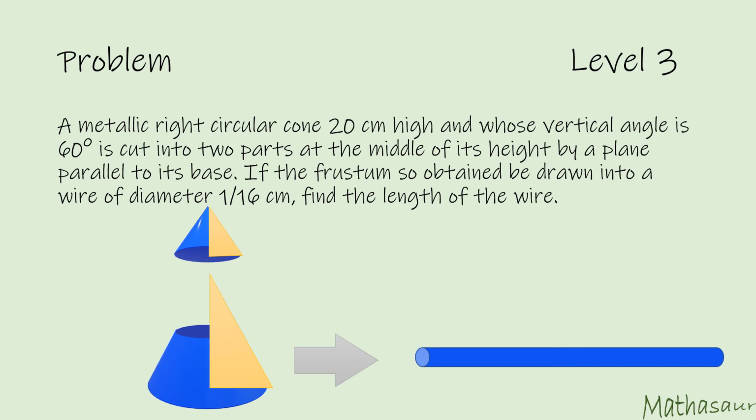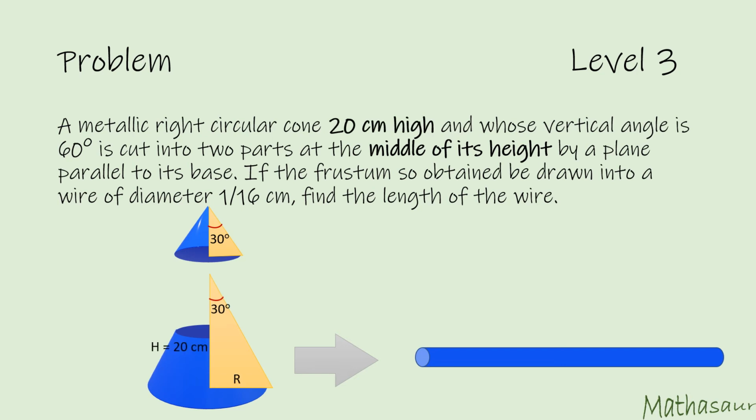Alright, now let us draw the right triangles representing the bigger and smaller cones. Now we are given the vertical angle as 60 degrees. So half of the vertical angle would be 30 degrees, which would be the top angle of this right triangle, or the top angle of the right triangles, since the smaller triangle is cut from the bigger triangle.